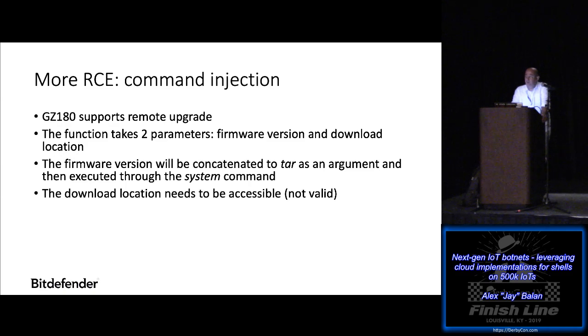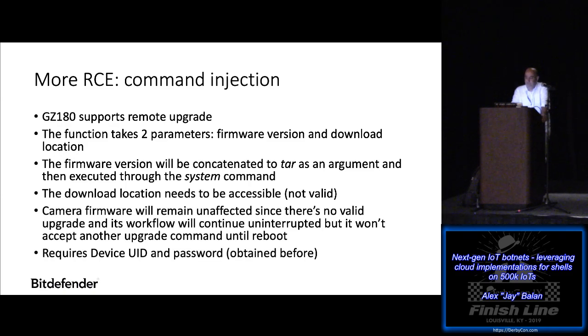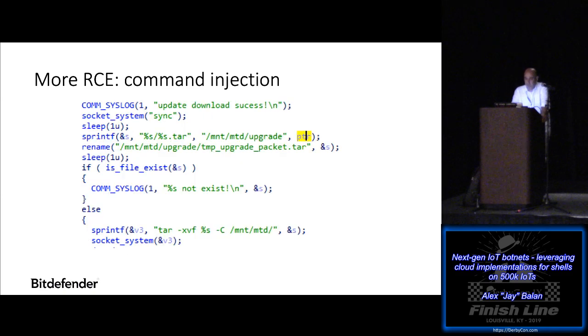But the thing is, it's going to be parsed by, I'm just going to go to the code, tar. So you simply go to the Garzilla Cloud, send the upgrade command and your command injection as a parameter and the URL that works, and you're going to get your command injection executed on the device.